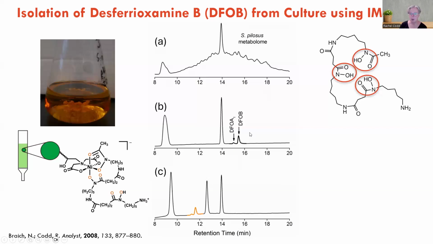If the posit is that these are siderophores, then we would expect these compounds to form complexes with ferric iron, and we would expect those ferric siderophore complexes to have a different retention time on the liquid chromatogram relative to the free organic compounds themselves. So that's what's shown in moving from panel B to panel C. These signals here I've indicated in orange, which correspond to the desferrioxamine B in its iron-loaded form and desferrioxamine A1 in its iron-loaded form.